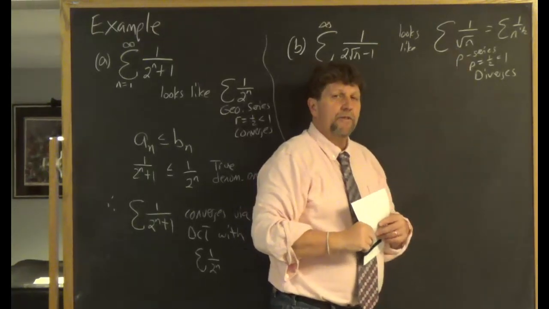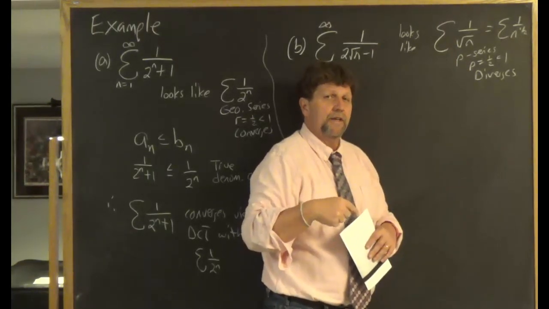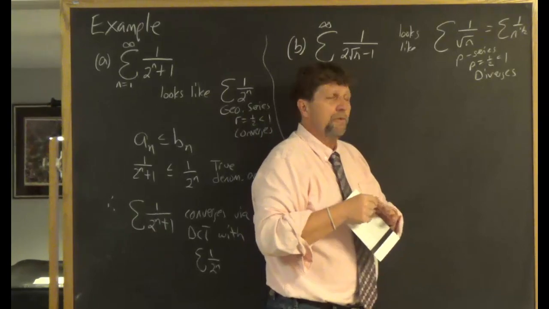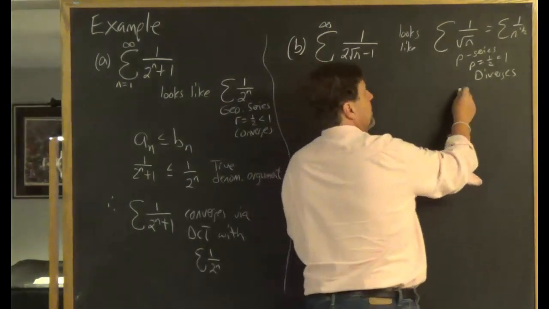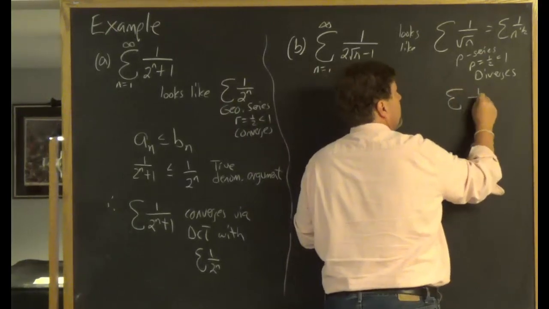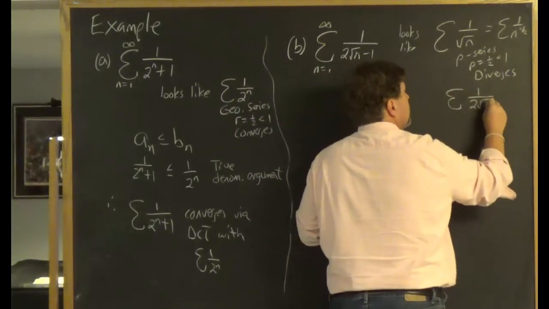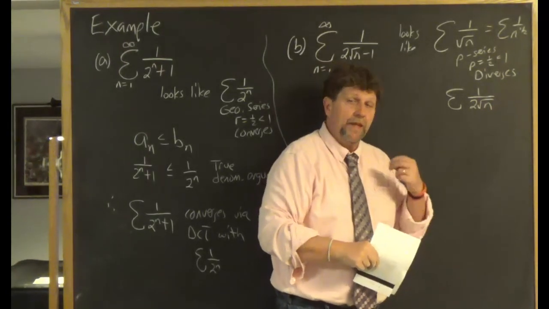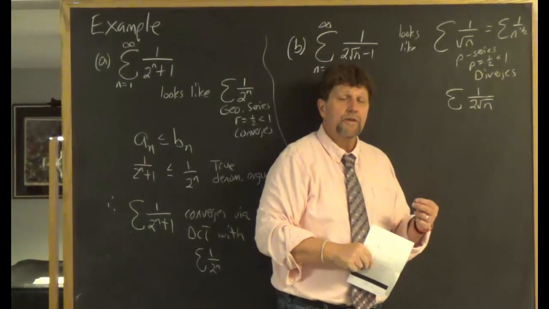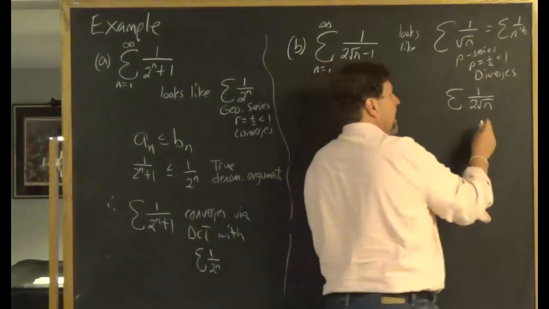This series diverges. I'm going to write down another series. If I know the series 1 over square root n diverges because it's a p-series, don't I also know the series 1 over 2 square root n also diverges? Yes, I do.